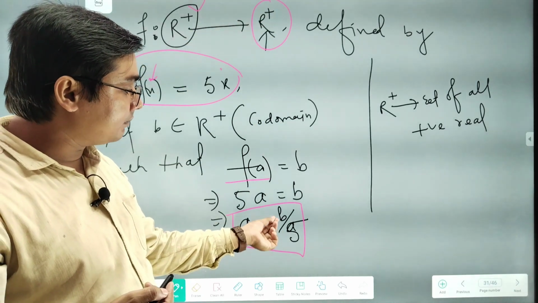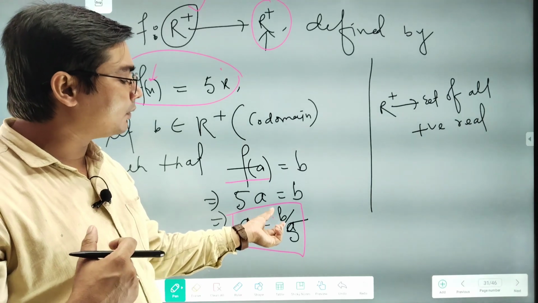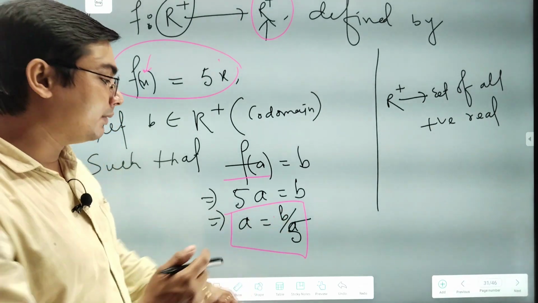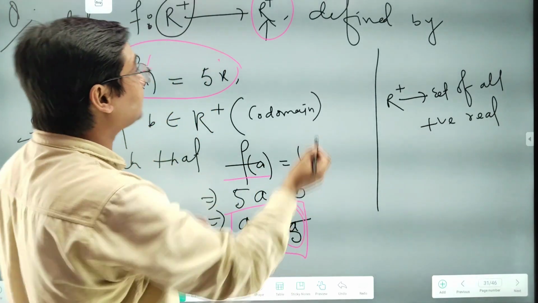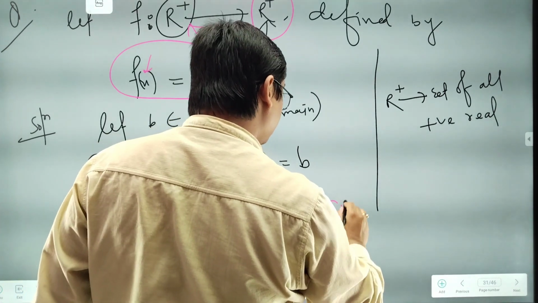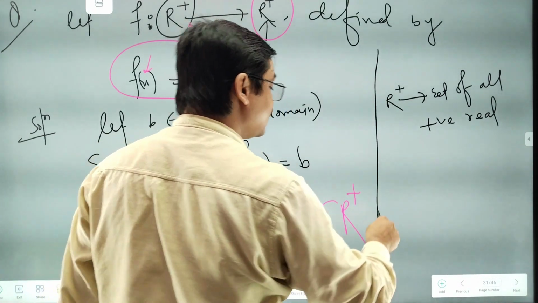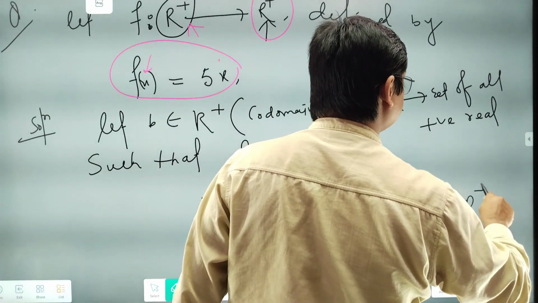So you put any B, any positive real number, and you will get a positive real number here. B by 5 also will be a positive number, that means it will be in R plus also. So this belongs to R plus, for all B belonging to R plus.